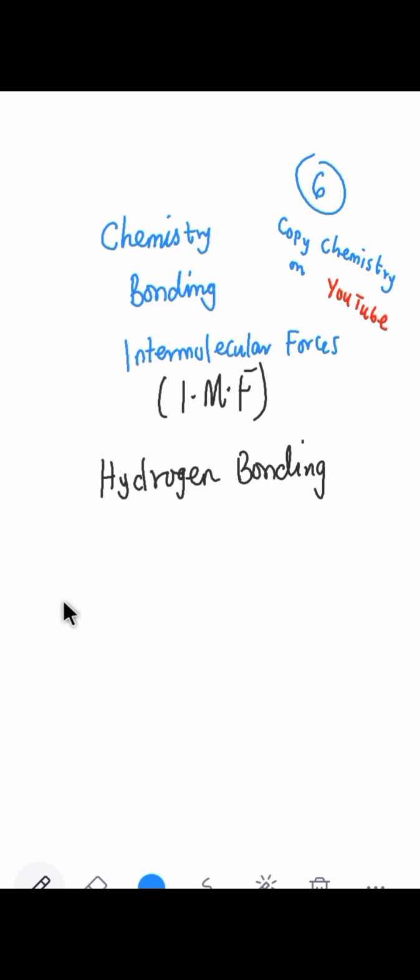And here is our HF. And then we could have another molecule of HF too, like this. It could be here that this is a partial positive charge and this is a partial negative charge, right? Because this is very polar, this is also a partial positive and this is a partial negative.